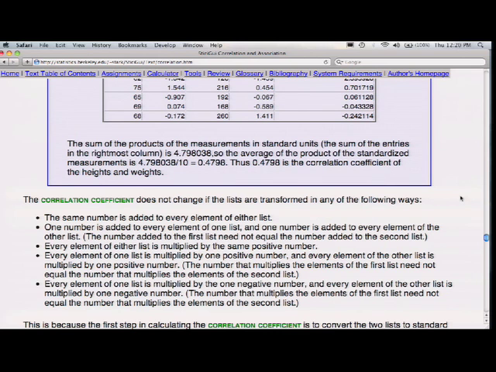Now, I'm going to distribute the 1 over n. I've got 1 over s times 1 over n sum j equals 1 to n of xj minus 1 over n times n x bar. So that's just x bar, right? This is x bar, right?